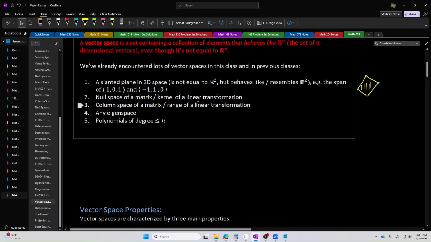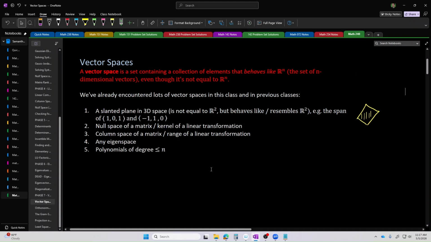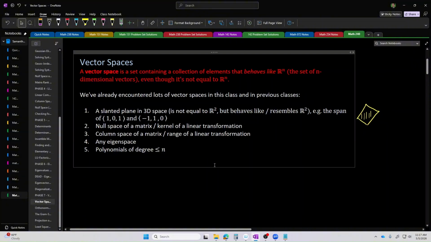Finally, another kind of strange vector space that we have encountered before in algebra is the set of polynomials of degree less than or equal to n. We'll see later in this video how the set of polynomials can be considered a vector space.